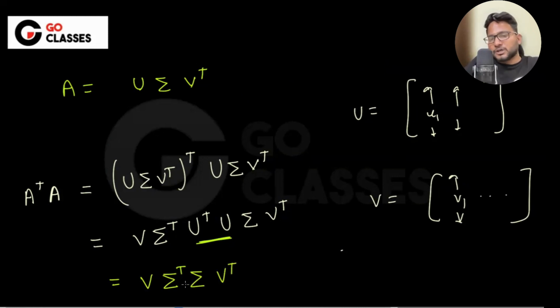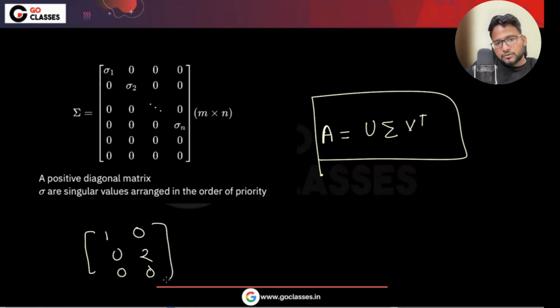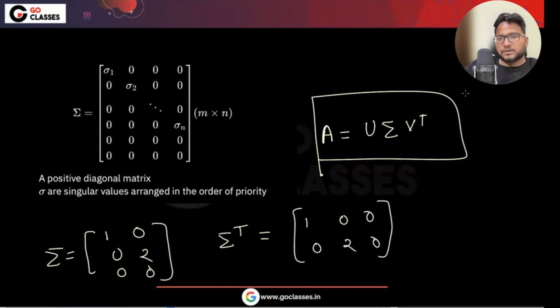Now sigma transpose sigma. If you do multiplication of two diagonal matrices, sigma transpose sigma, let me try doing it. Let's suppose this is 1, 0, 0, 2, and 0, 0. If this is sigma, then what is sigma transpose? I think it will be 1, 0, 0, 0, 2, 0, right? This is sigma transpose.